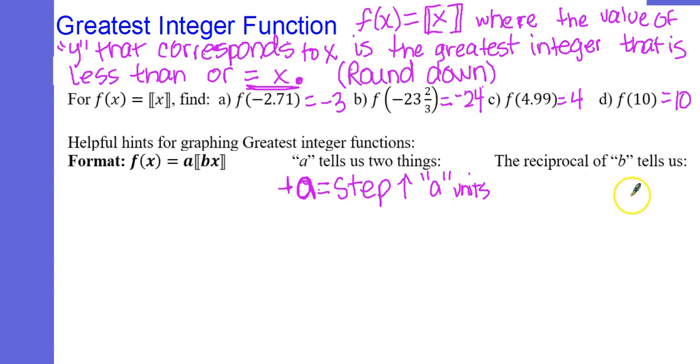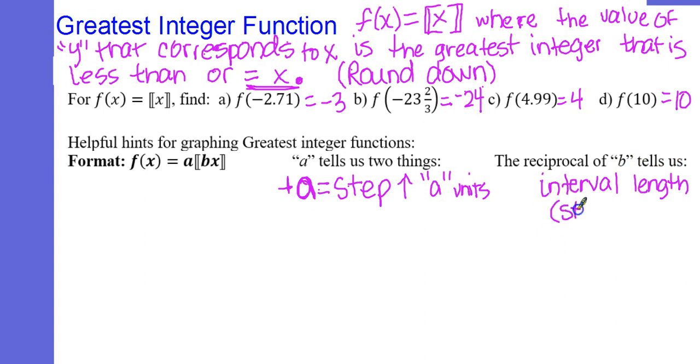Okay? And the reciprocal of b, which is 1 over b, by the way, sometimes it's 1/3, so you flip it over to 3 over 1, tells us the interval length.